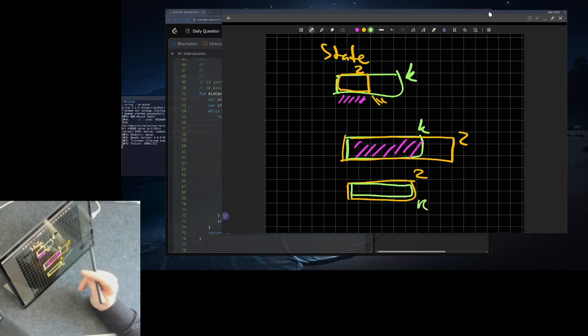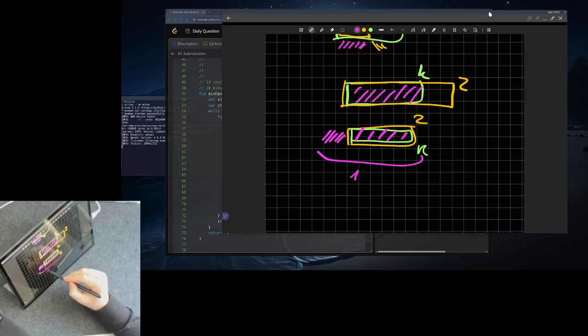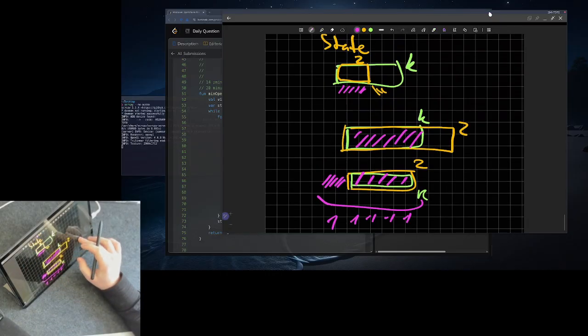And then we flip this, and it doesn't matter how many ones we have, we just convert it all into ones. This is our final state.